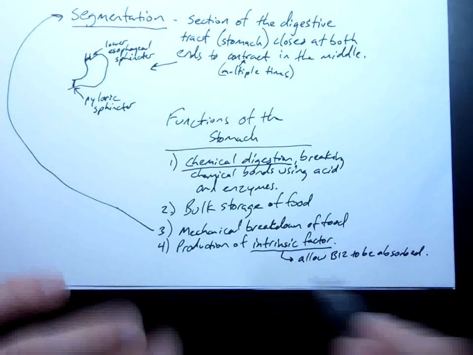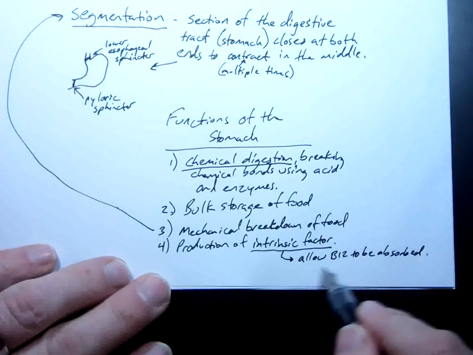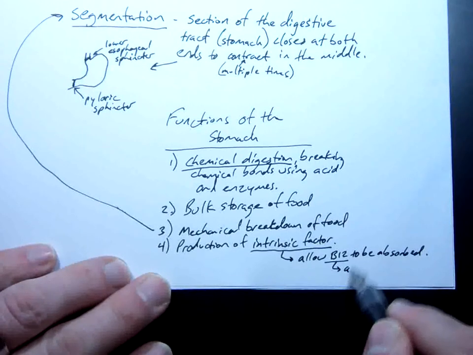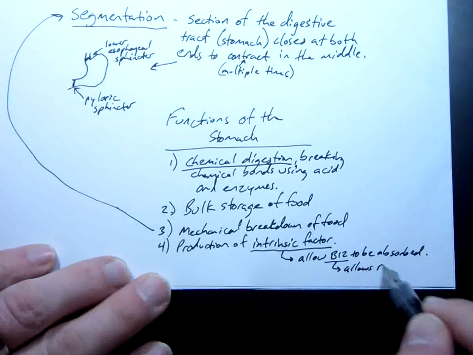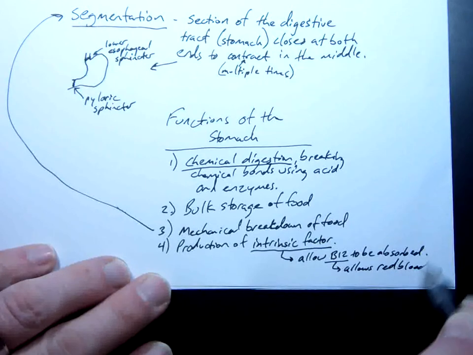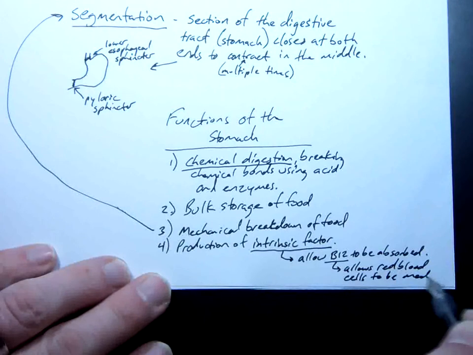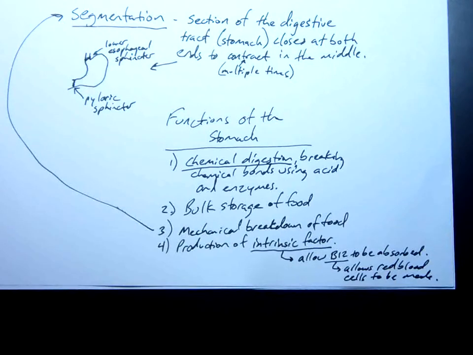All right. Why do we need B12? Okay. B12 allows red blood cells to be made. Without B12, we can't make red blood cells effectively, and it results in a condition called pernicious anemia, which basically your number of red blood cells continues to diminish as a result of that.